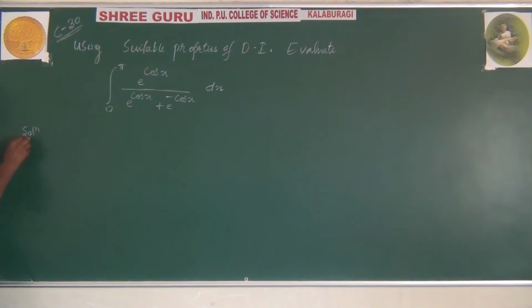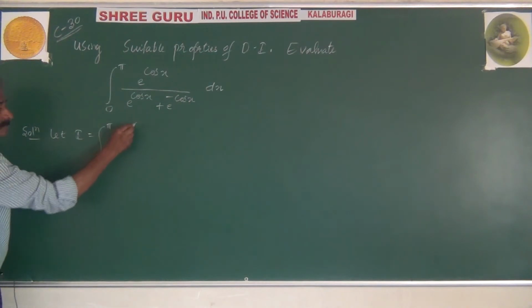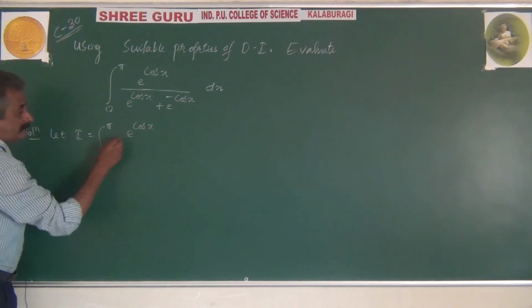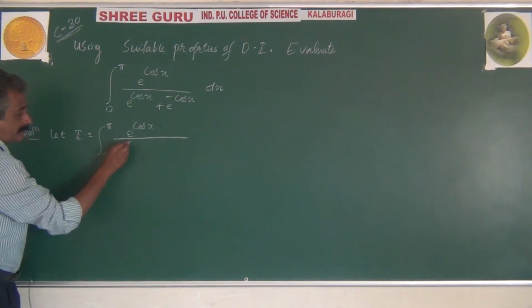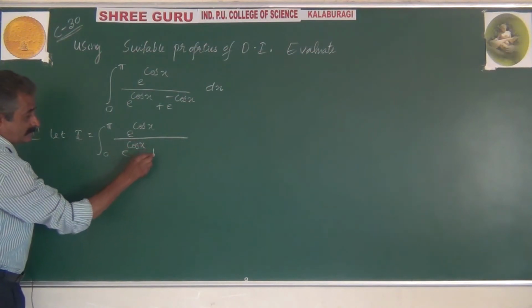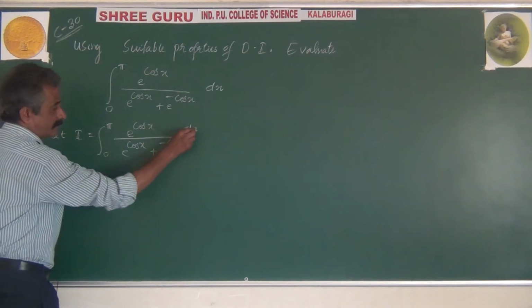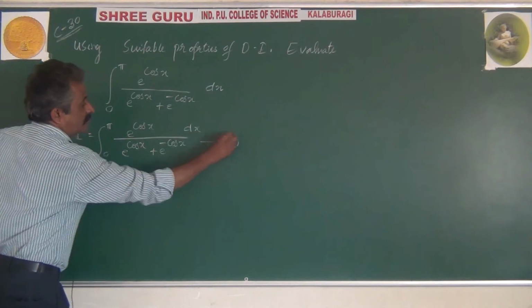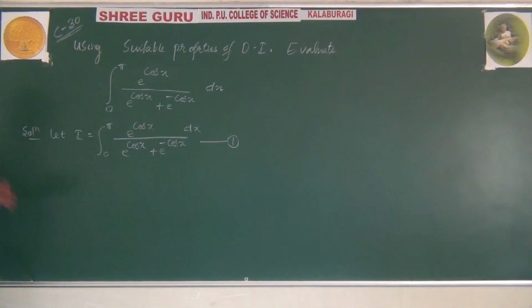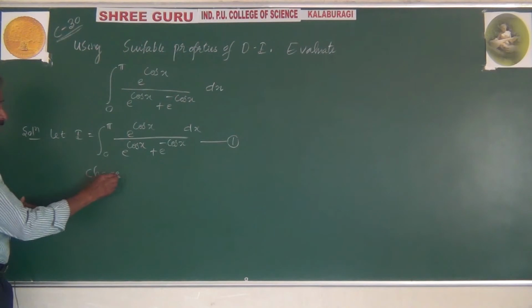Let I equal to integration 0 to pi e power cos x divided by e power cos x plus e power minus cos x. Call it 1. According to the present property, we have to change x to pi minus x.